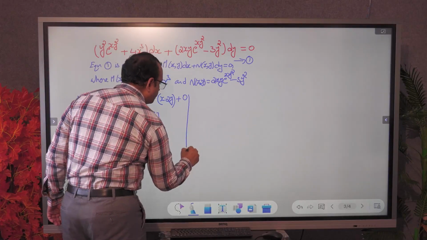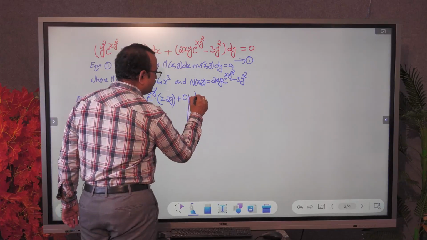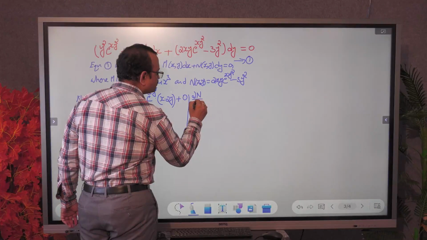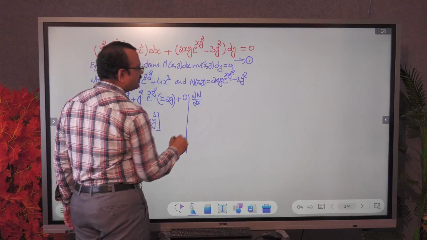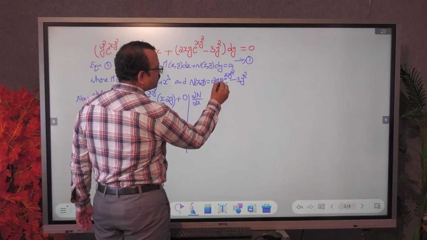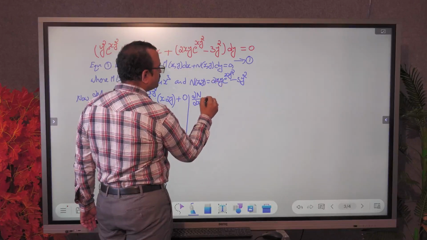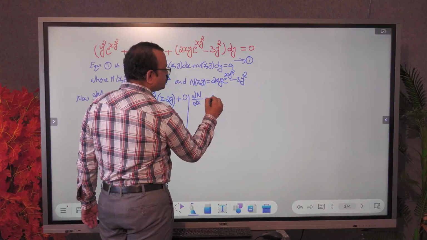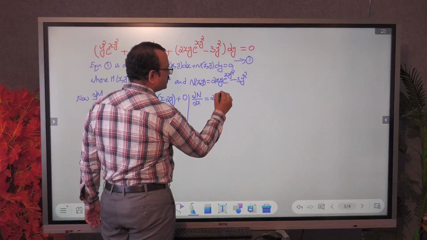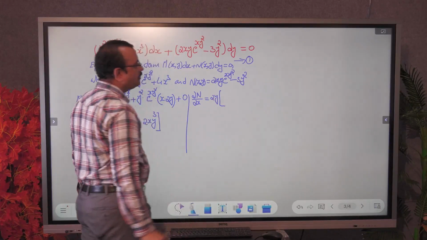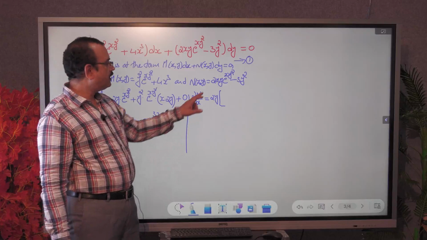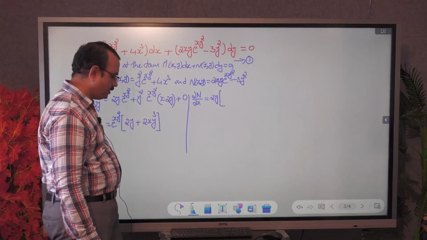Similarly, we will calculate the partial derivative of N with respect to x. Here we have 2xy into e^(xy²). Here y is a constant, in the sense 2y is constant, because 2 is also a constant, into the derivative of x e^(xy²) with respect to x.